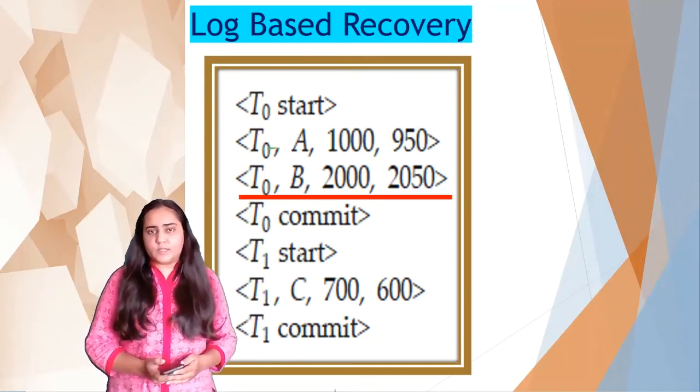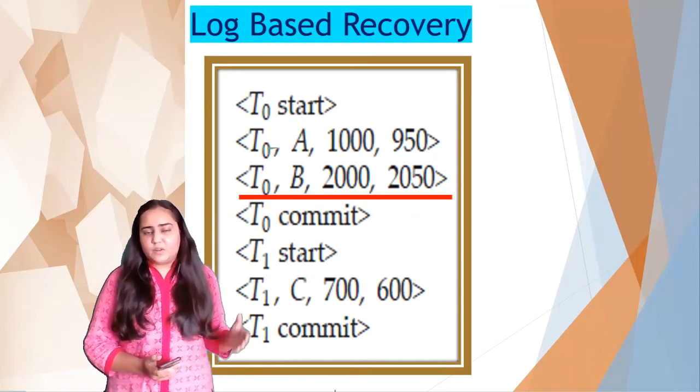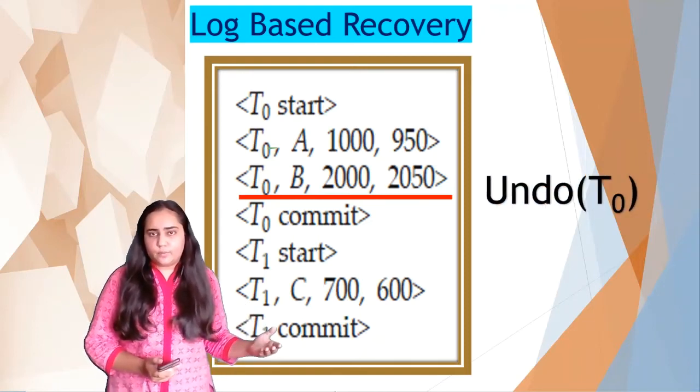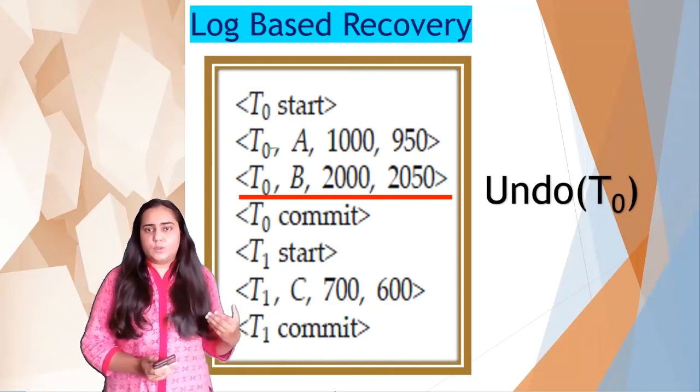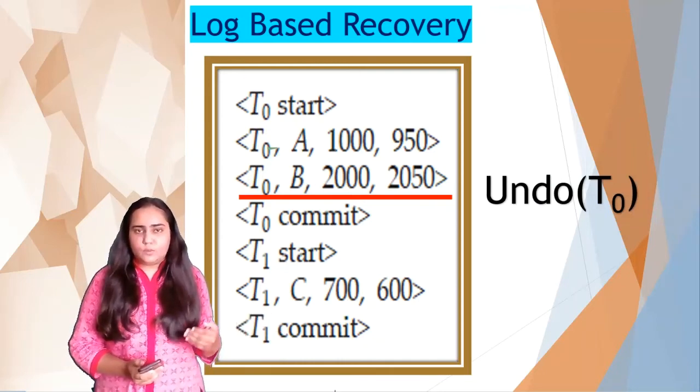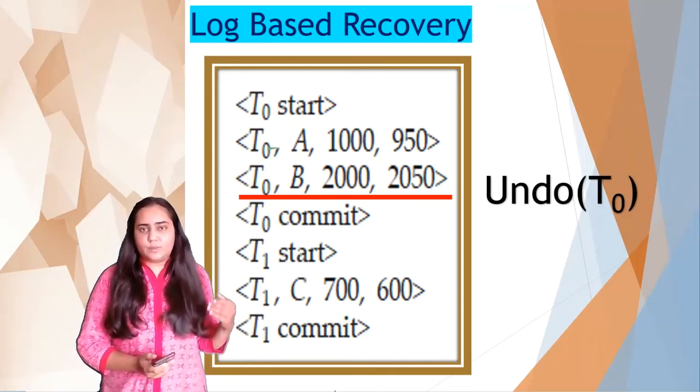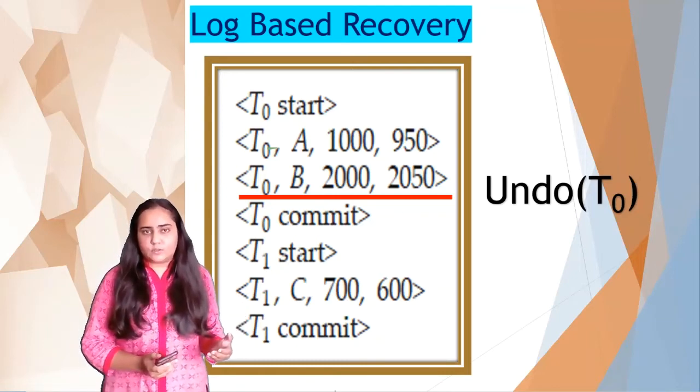Using those first 3 lines, I know that T0 started and made all these changes, but then it did not commit. So we need to undo T0. That's why an undo operation is performed for T0, which means the values of A and B will be restored to 1000 and 2000 respectively.